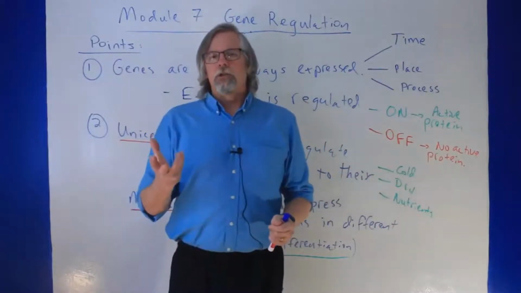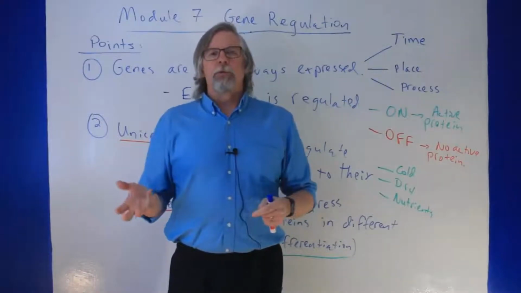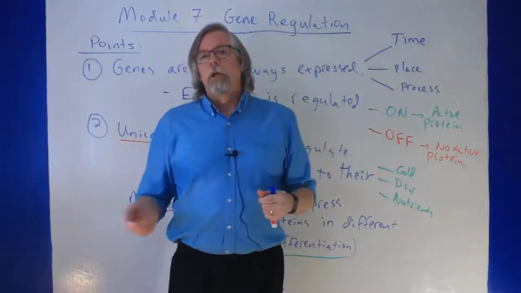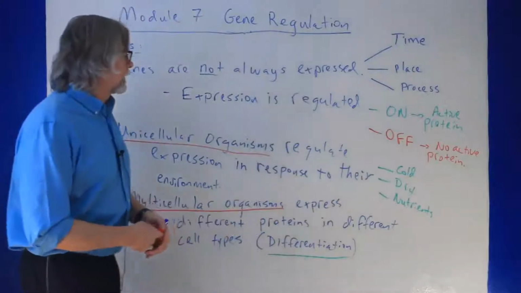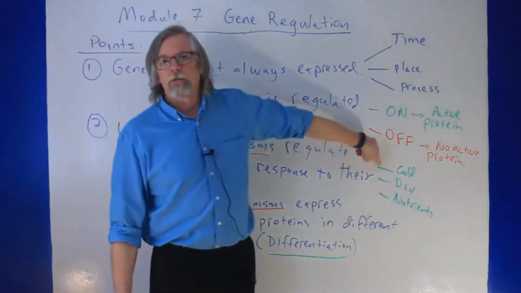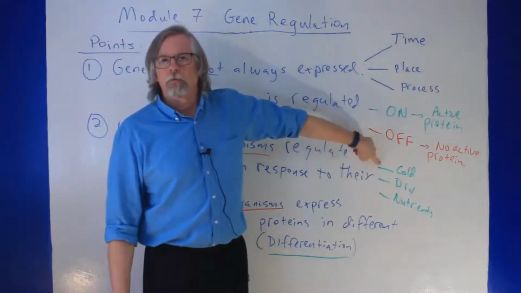And so gene regulation in unicellular organisms is usually about being able to take advantage of or be resistant to certain environmental conditions. For example, unicellular organisms in very cold environments make an antifreeze protein.